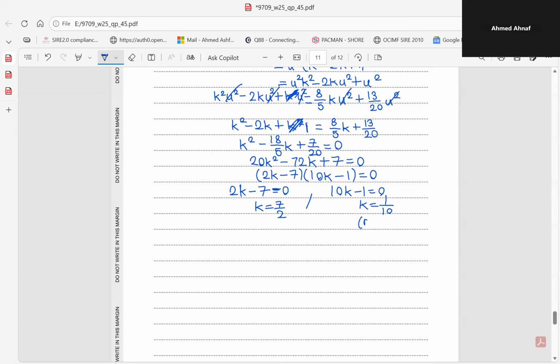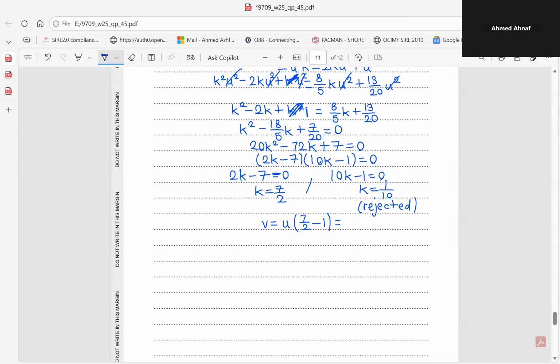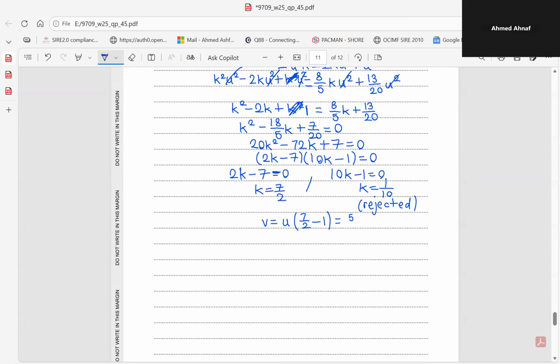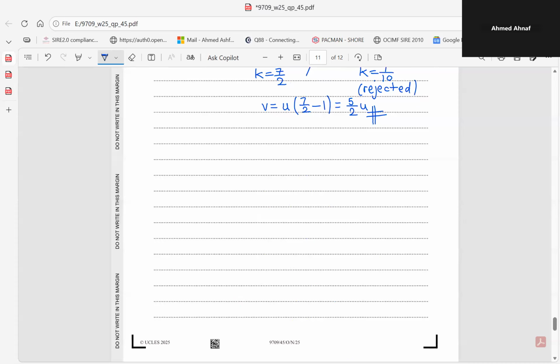So we're going to reject this, right? So then we get v is equals to u times k minus 1, which is 7 over 2 minus 1, which would be 5 over 2 u. So yeah, this would be the final answer for this entire question.